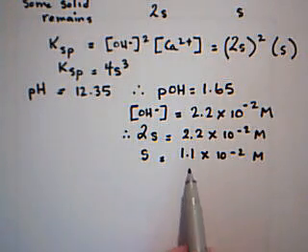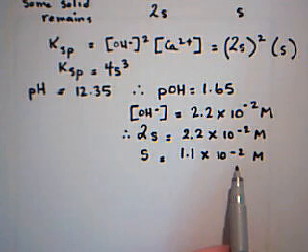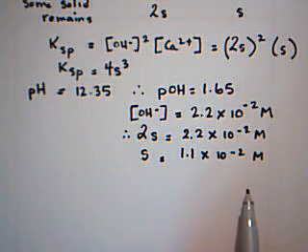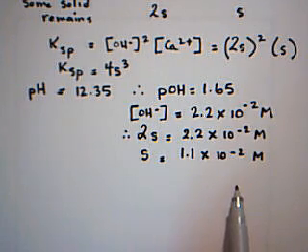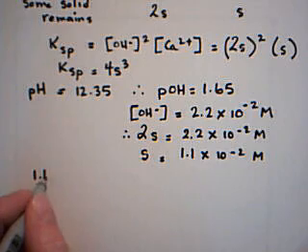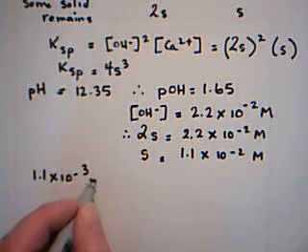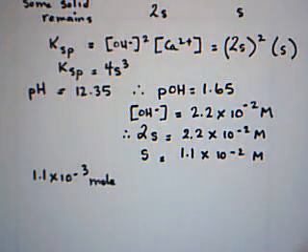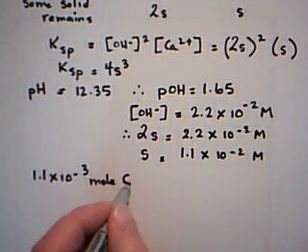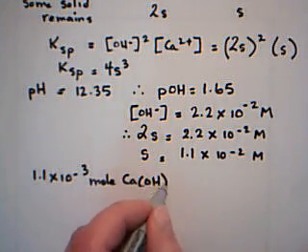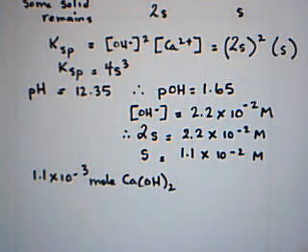Okay, well, if 1.1 times 10 to the minus 2 moles dissolve in 1 liter, then how many will dissolve in 100 mL? 10 times less, right? Okay, so 1.1 times 10 to the minus 3 moles of calcium hydroxide are actually dissolving in 100 mL, but they want milligrams.